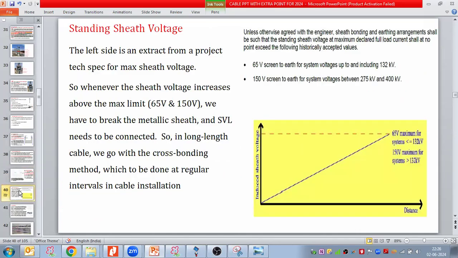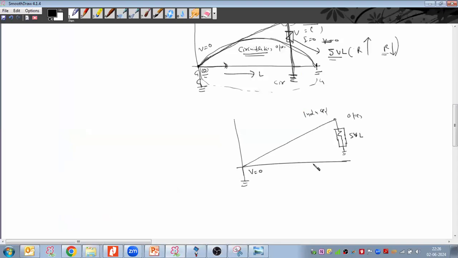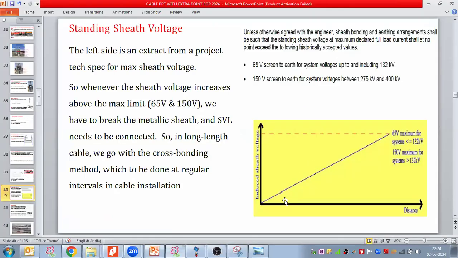I have taken a technical specifications screenshot for the sheath voltage. Here I am taking the cable length and distance, and here the induced sheath voltage. This is the graph between voltage and length which we have been drawing since the beginning.